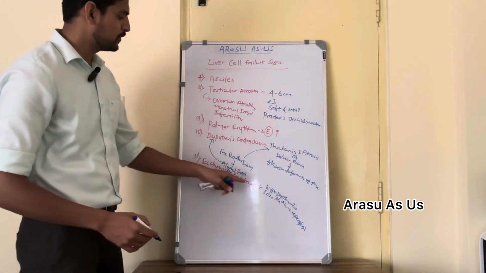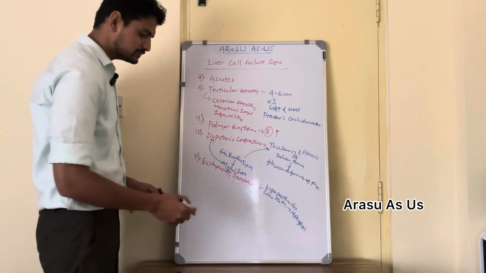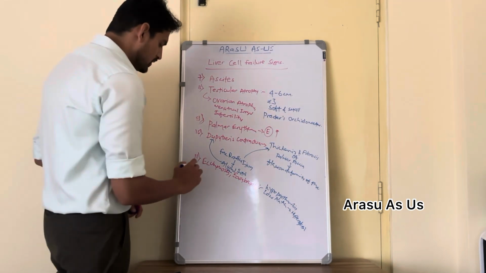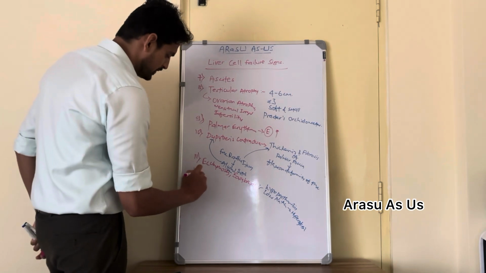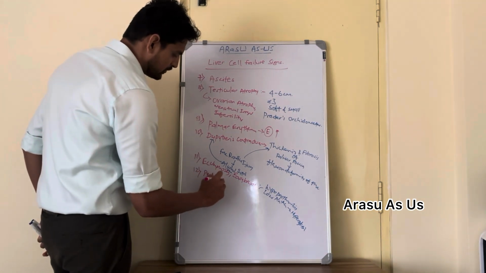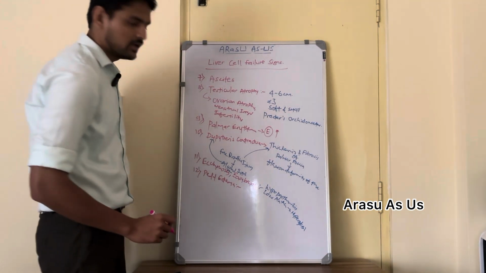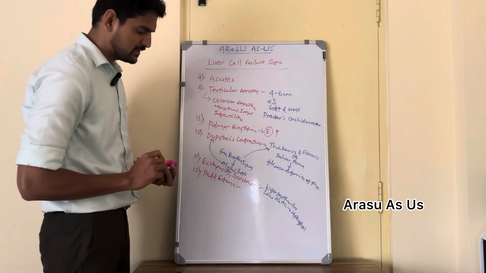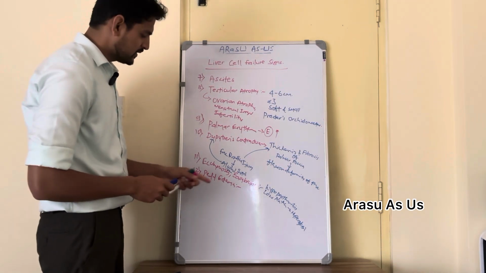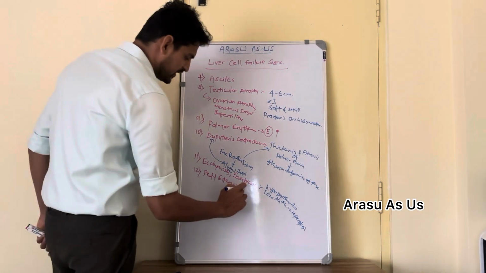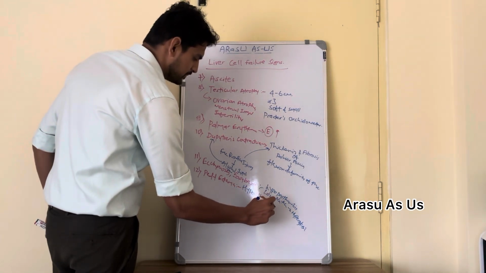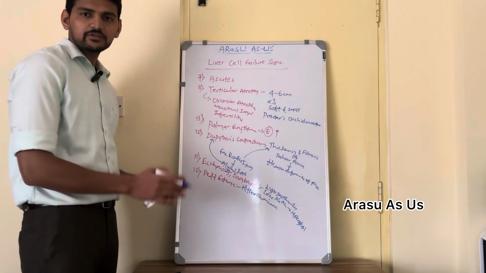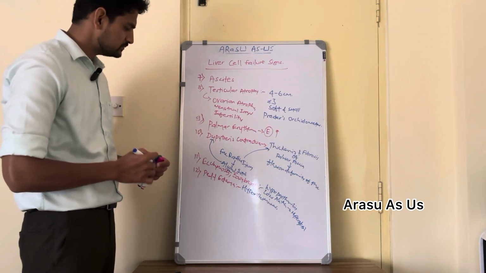So these are the two reasons for ecchymosis and easy bruising. And again in the extremities, always look for pedal edema. One of the functions of the liver is to synthesize albumin. So when there is hypoalbuminemia, it will lead to pedal edema. So these things we will observe in the peripheries.